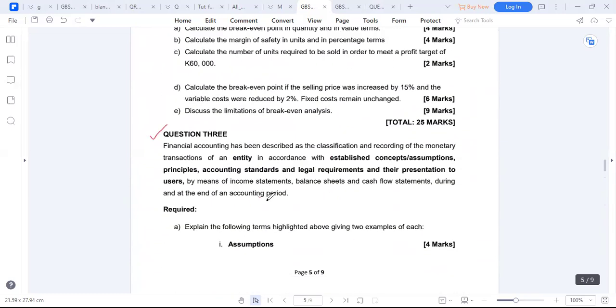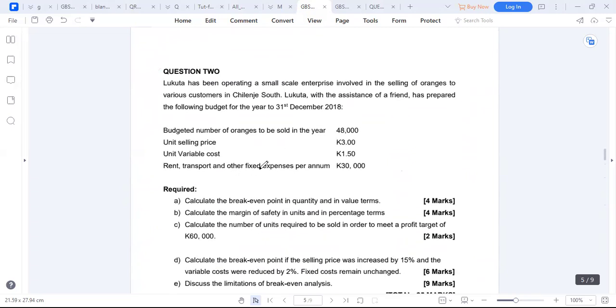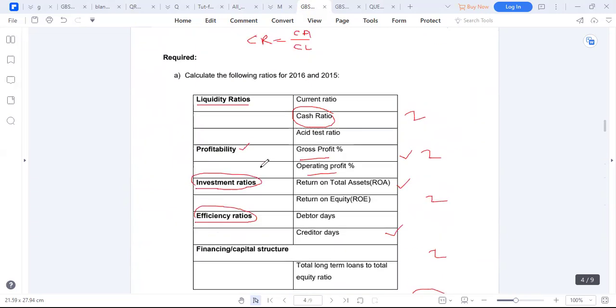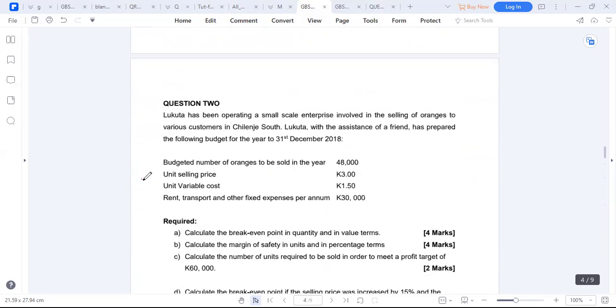We also did the conceptual framework and ratio analysis. So just one question remaining.